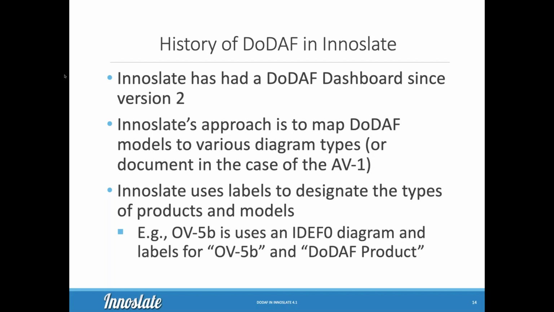So for example, the OV-5b uses an IDEF0 diagram and labels for the OV-5b and DoDAF products. So my dashboard knows to go look, when you're trying to visualize an object and you want to see it as an OV-5b, it's an IDEF0. And those are the definitions that we have found historically were correct for those different viewpoints.